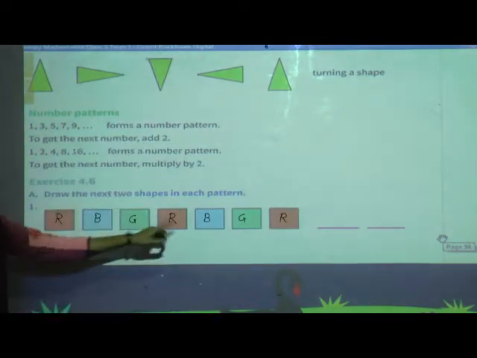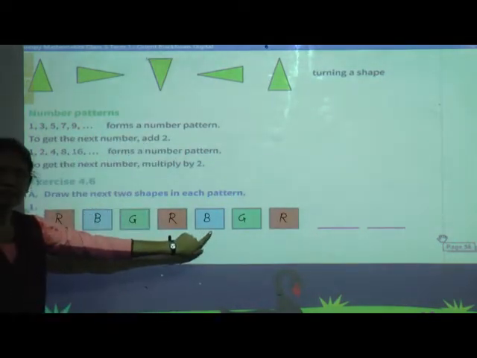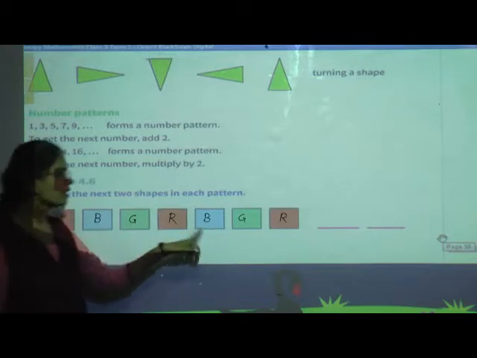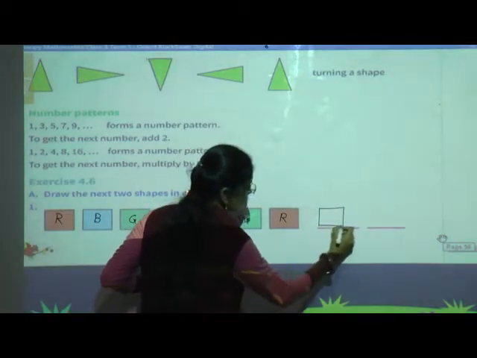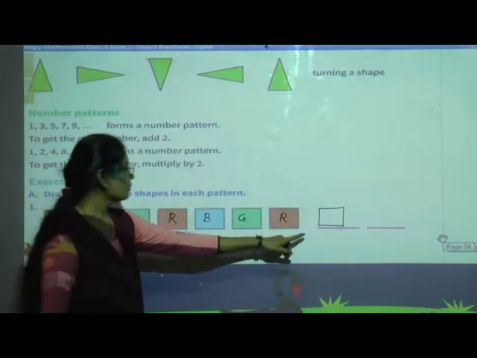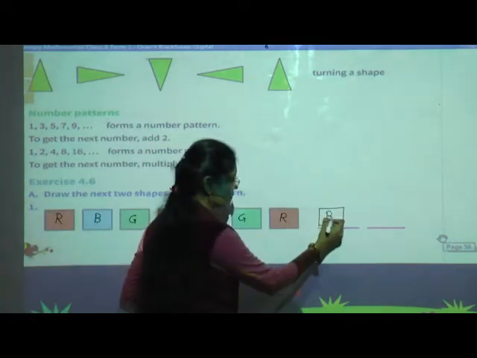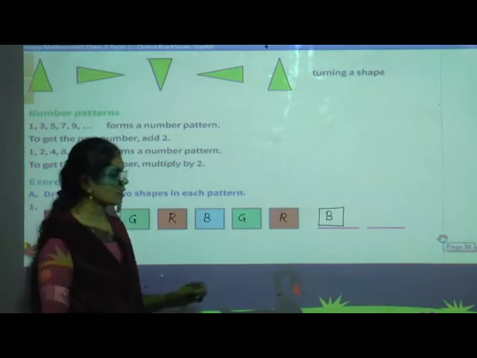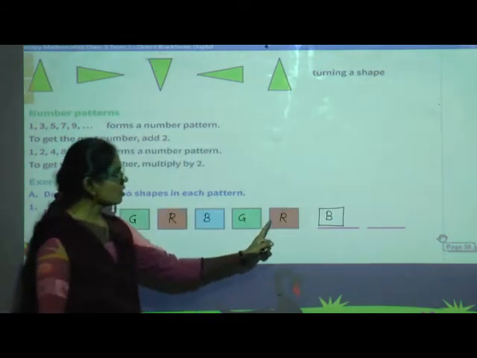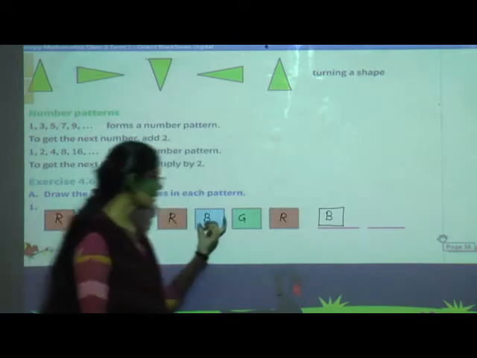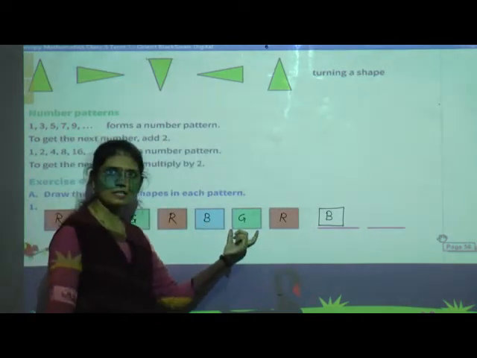After red which color is there? Yes, blue color square is there. So here we will draw one square and you have to color it with blue color. So I will write here B. I am not going to color it, but you color it in your textbook. Now after blue color, which color shape is there?